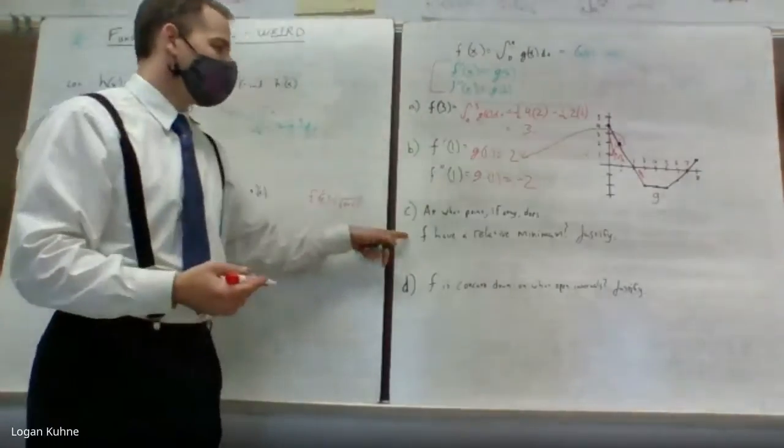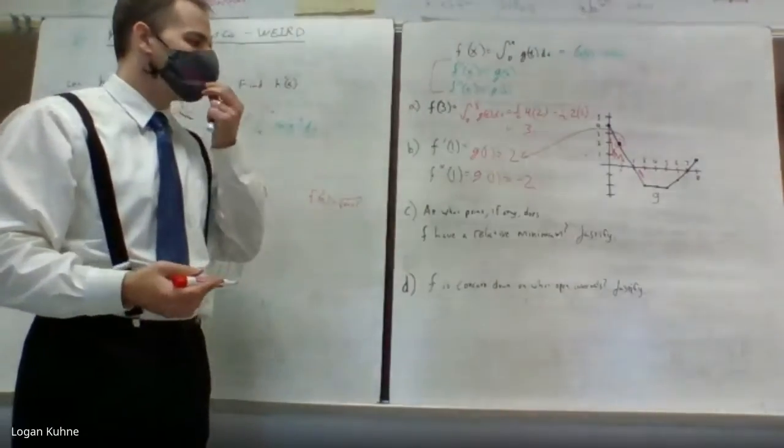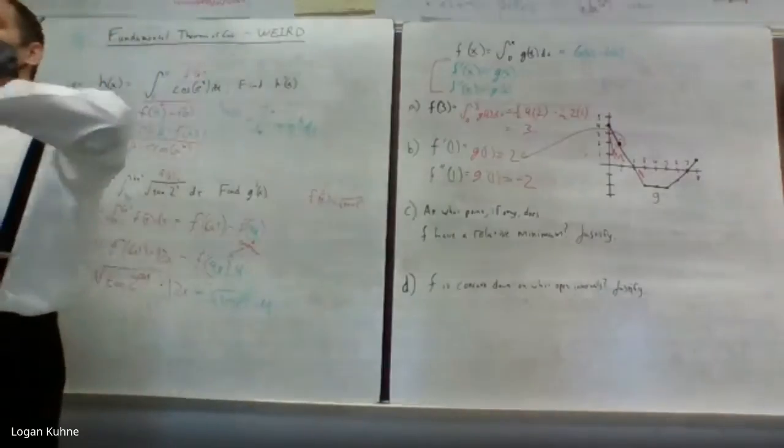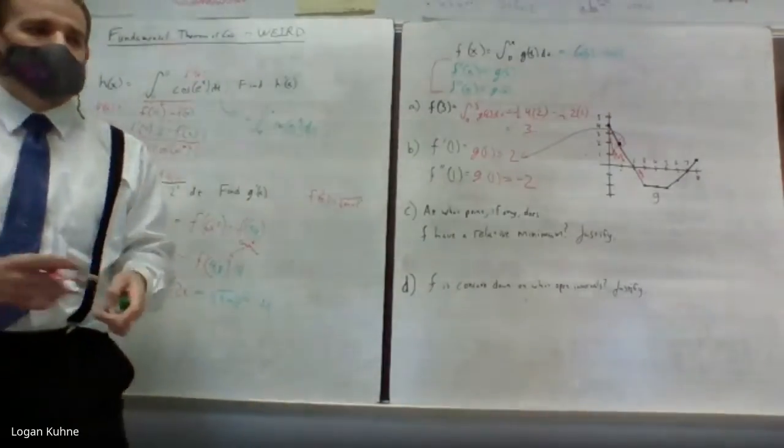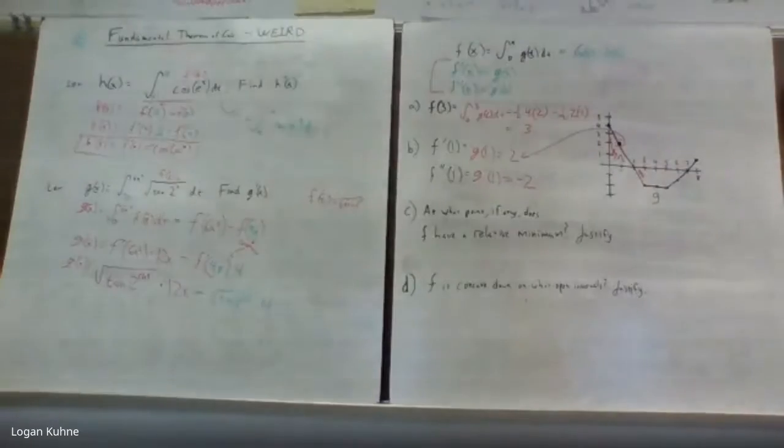Okay. At what point, if any, does f have a relative minimum? Okay. When does f have a minimum? This is where you get out your... when does it have a relative minimum?